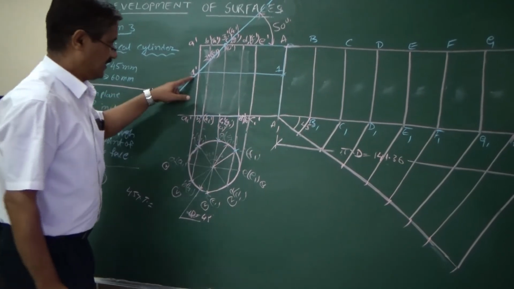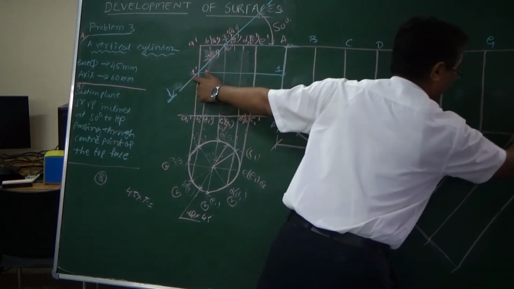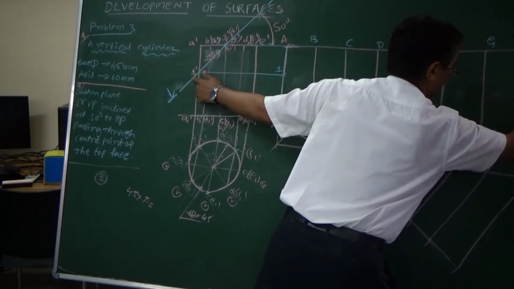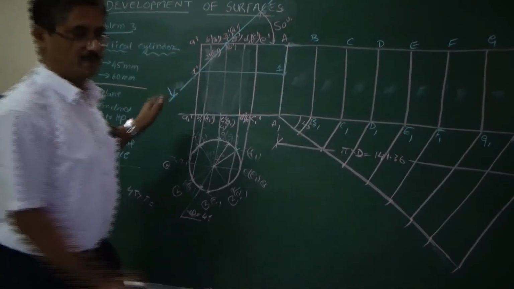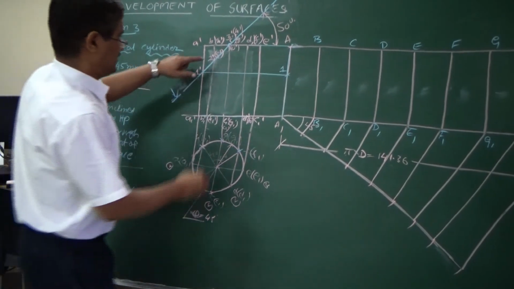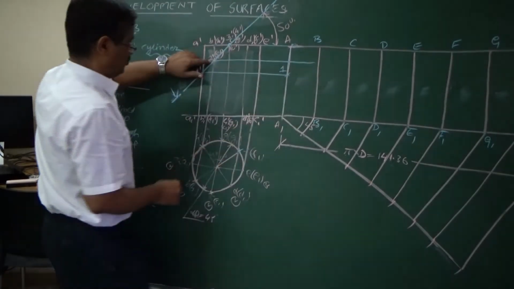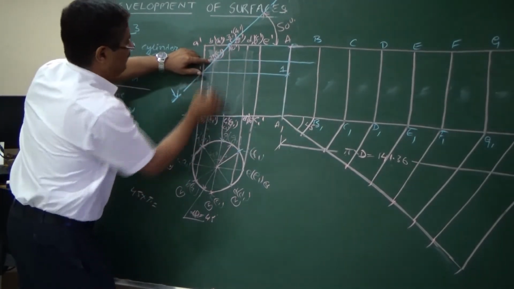So 1 is on the line AA1. You can take 1 point here, and if you further continue the same line, we may get one more point here. That is also okay. 2 points. So next is 2 and 5. So draw a line. 2 is on the line BB1, which is visible.